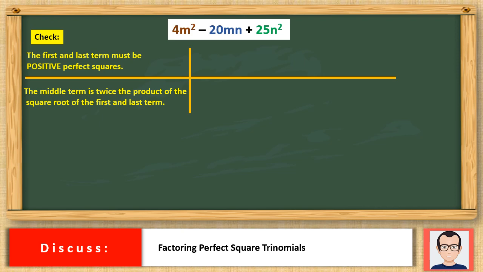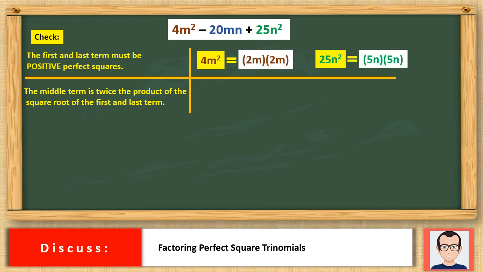We can see here that the first and last term can be expressed as a perfect square. So that's a check for us. Now, we check the middle term by getting twice the product of the square root of the first and last term.